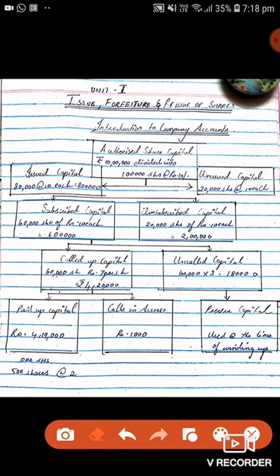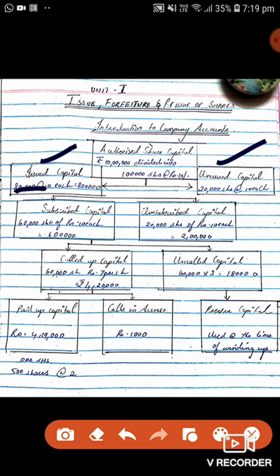The authorized capital is further divided into two, that is issued capital and unissued capital. So what is issued capital? Issued capital is a part of authorized capital that is issued to the general public for subscription. So you might have 10 lakhs as the maximum share capital. From that, the company likes to issue only 80,000 shares.